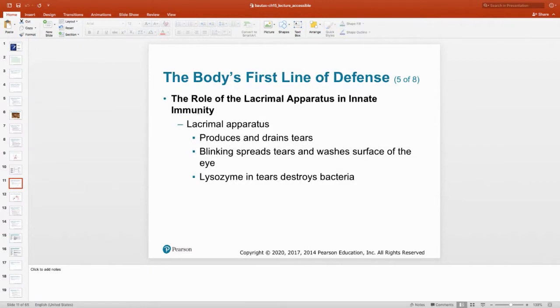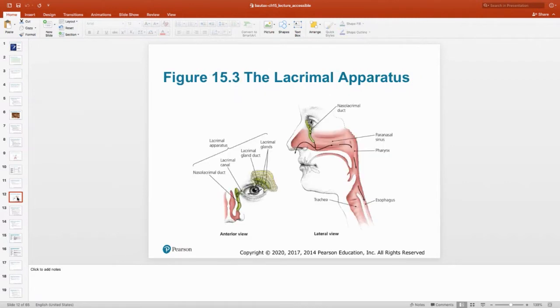Another first line of defense is the lacrimal apparatus, the tear ducts and the tears. When we look at this, you can see there's a way to drain the tears: they drain from the eye down through a duct into the nasal cavity, the pharynx, and down the throat.